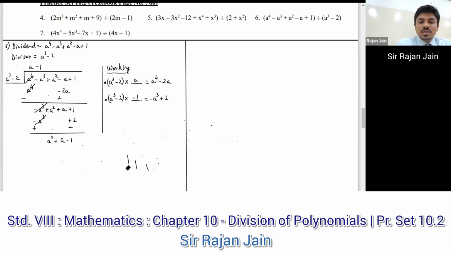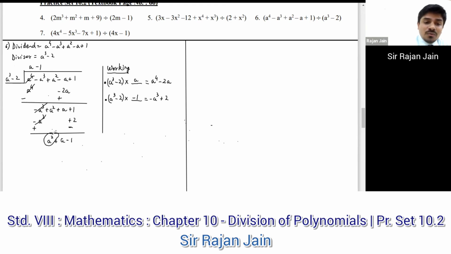Now if you go to see, the index of the remainder over here is 2, and index of the divisor is 3.